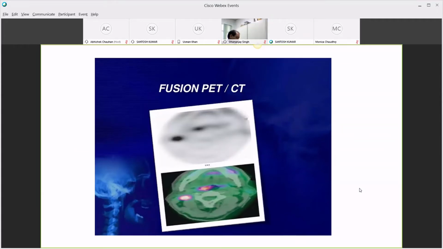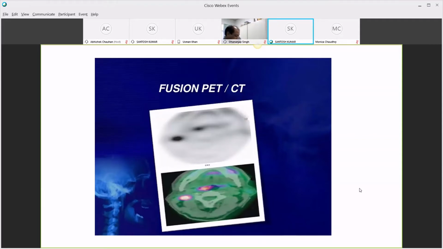Then we can notice that okay, this is the area of the uptake or the hot spot, and we can correlate with the anatomical imaging to find out where really the lesions are and the characteristics of that lesion.